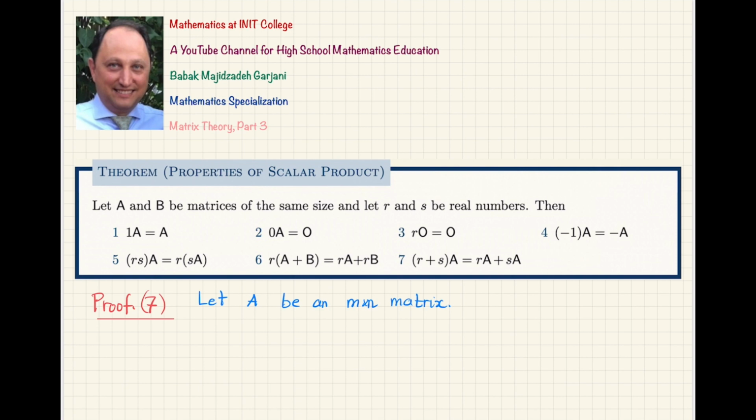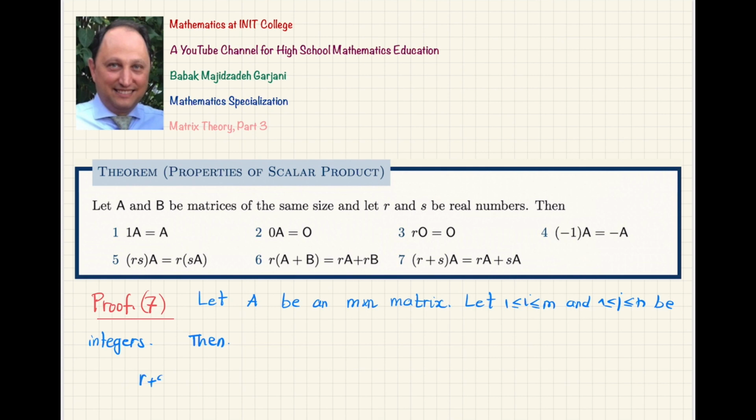It is clear that the left hand side remains m by n, the right hand side is also m by n, so these two matrices match from the order point of view. So what I need to do, let i be some number between 1 and m, and j between 1 and n be integers. Of course, natural numbers.